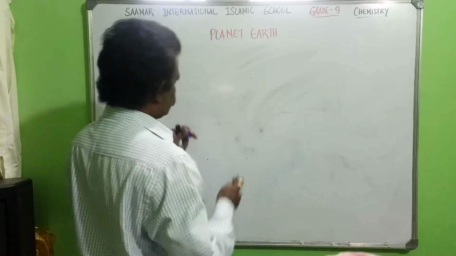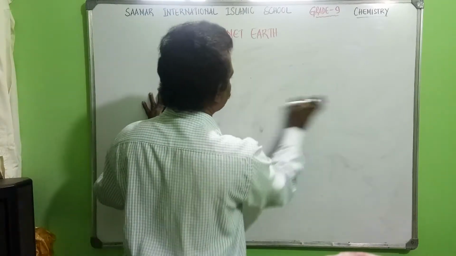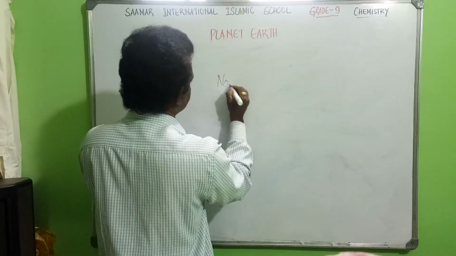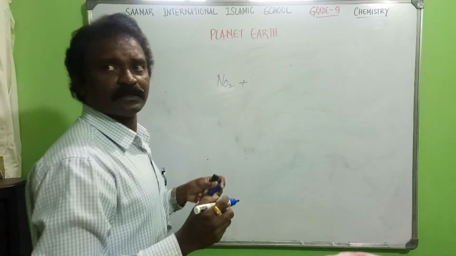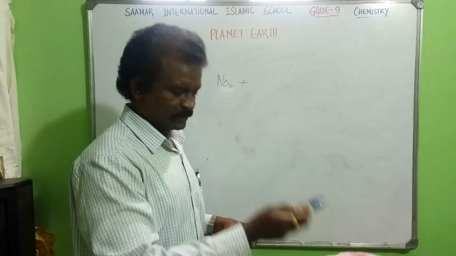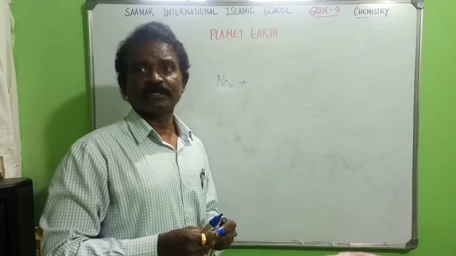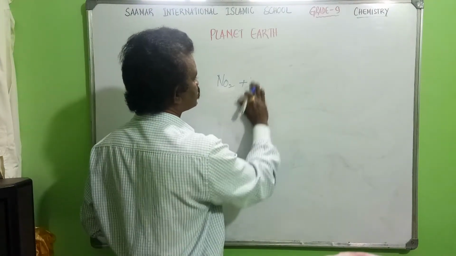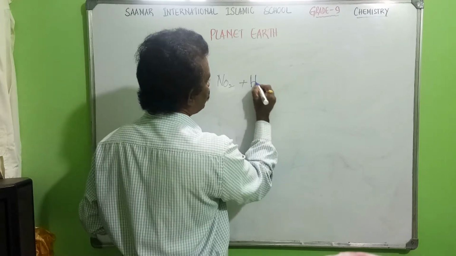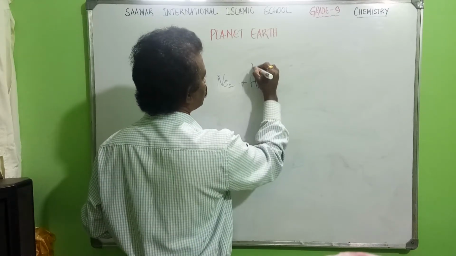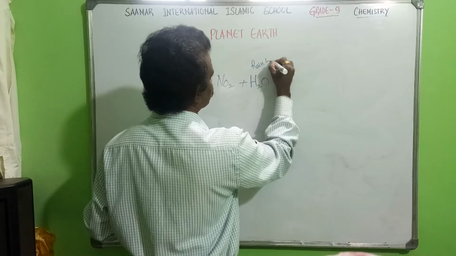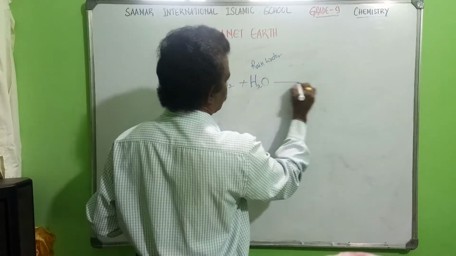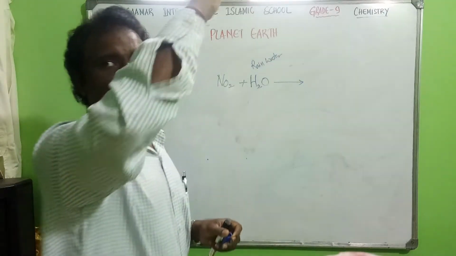So, nitrogen oxides from the factories, from the exhausts, or from the rubber industries, all this, the nitrogen oxide is released. This nitrogen oxide gets mixed with the rainwater. What is this called? Rainwater, H2O. This rainwater reaches above the stratosphere.